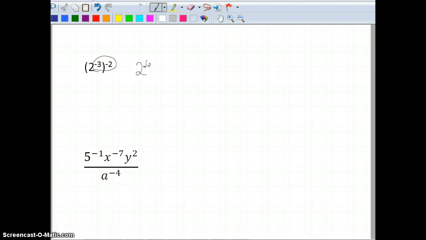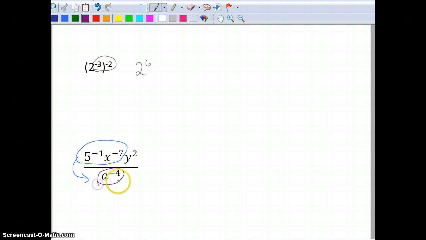Now let's look at this one. I have 5 to the negative 1, x to the negative 7, y squared, all over a to the negative fourth. So this one I'm going to have a lot of things that I'm moving. Well, y squared is positive, so it's just going to stay. But 5 to the negative 1 and x to the negative 7 are going to go down to my denominator.